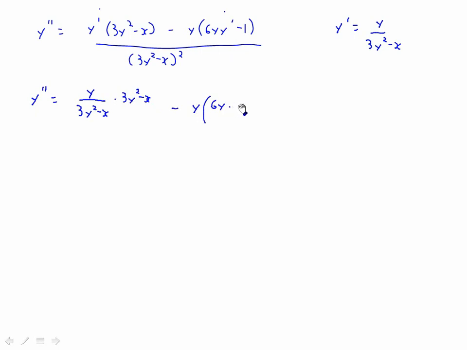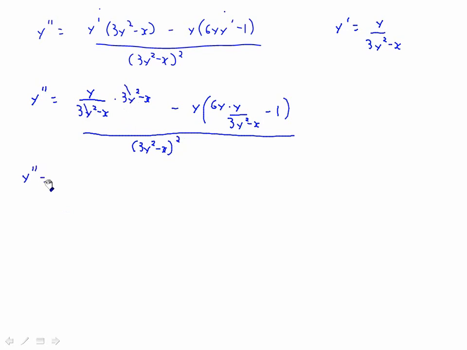I would write 6y, then y prime, replace it with y over 3y squared minus x, and then minus 1. And then this is all over v squared, which is (3y squared minus x) to the 2. Now we do get this cancellation, which is good.